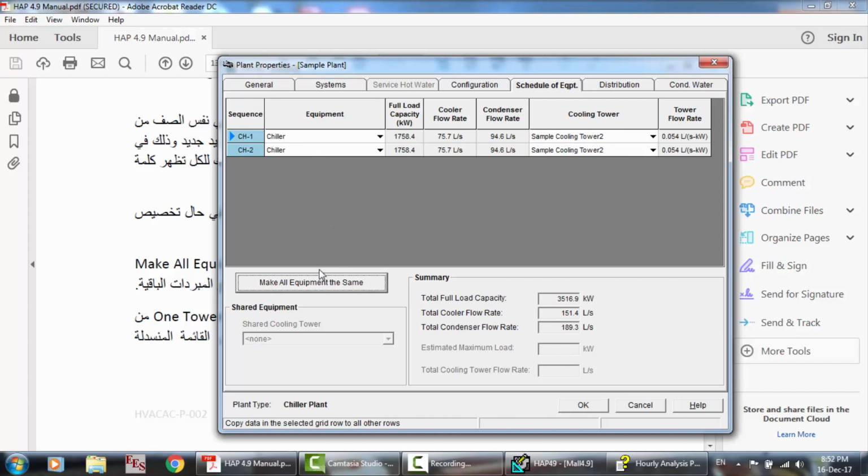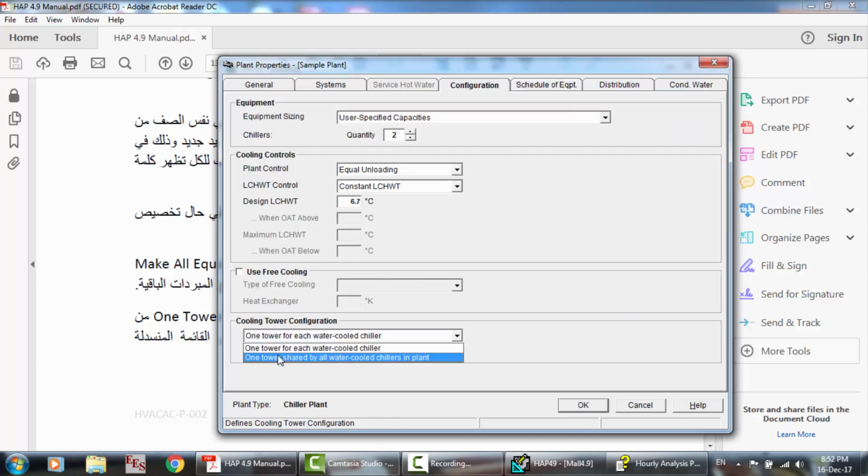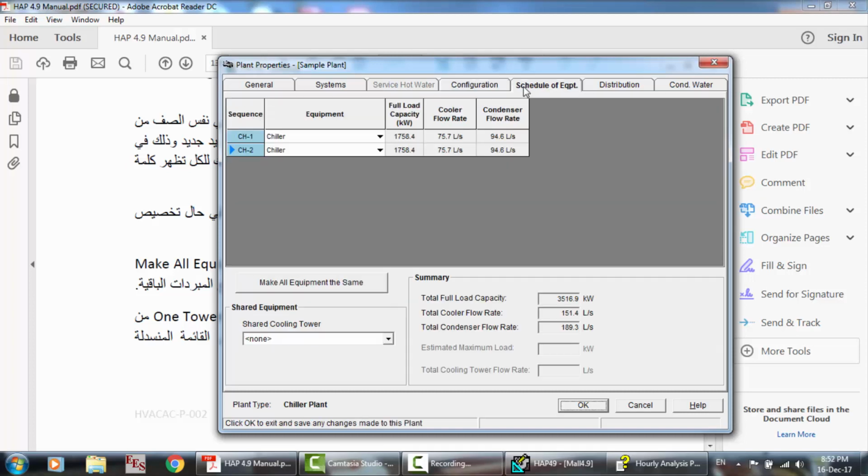Suppose that we have one tower shared, user defined. You do not need this information because it's one cooling tower. You can use one cooling tower, and here are the total full load capacity, total cooler flow rate, total condenser flow rate, and total cooling tower flow rate.